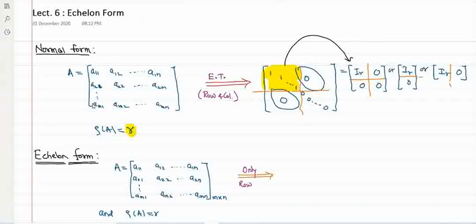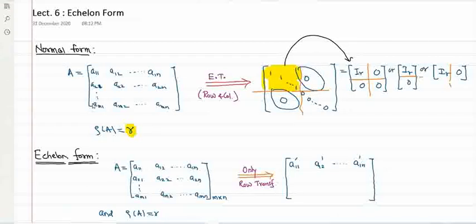Only row transformation, and reduce this matrix in such a way that, in short, the definition, this matrix is upper triangular. The elements may be A11 dash, A12 dash, and so on, up to A1n dash. These are new elements you are getting.